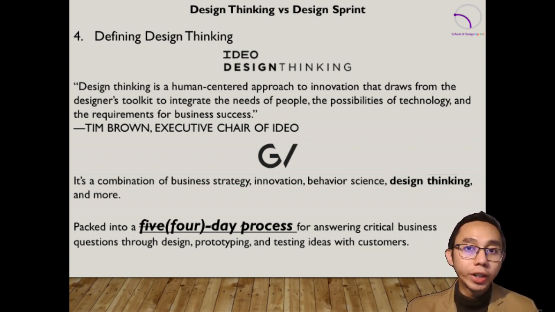Look at the wordings in the definition. Design thinking uses the words human-centered, needs of the people. While design sprint, let's see the definition right here, starts with the words business strategy. Then at the end, it still says the purpose is to answer critical business questions.